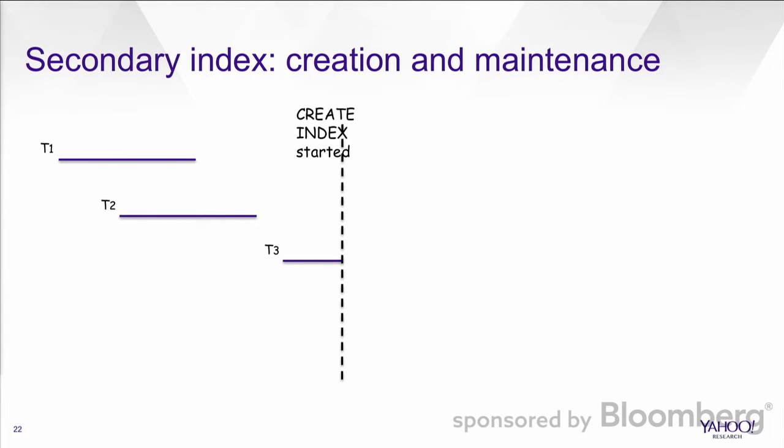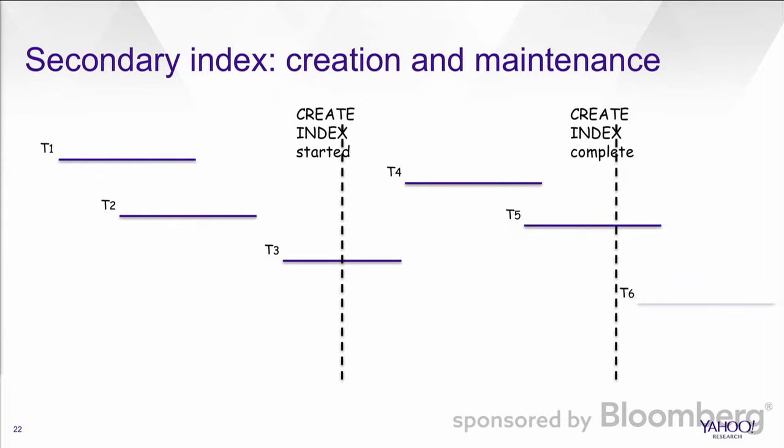What should I put in my index? T1 and T2, of course, I'll take their data because they're committed, but what about T3? If it already wrote before the create index, I don't know whether I should take this data or not, because maybe it will commit successfully, maybe not. And then it continues running. Then I have other transactions running before I complete the index. What should I do with them as well?